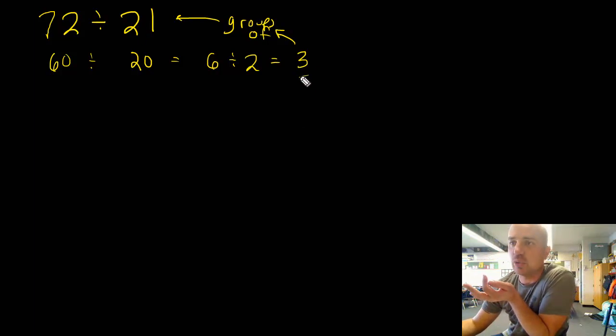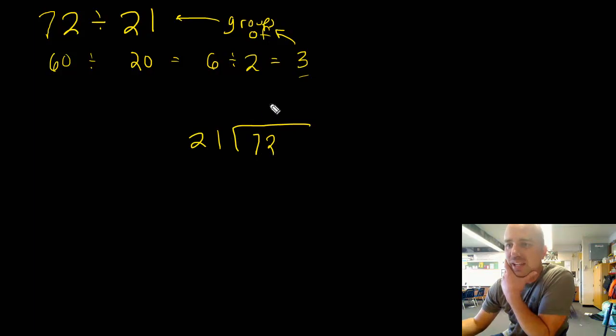Back to the problem here. I had an estimated quotient of 3. If I put my numbers into the standard algorithm, I'm saying I have 3 groups of 21. So 21 times 3, I can do that mental math: 1 times 3 is 3, and 20 times 3 is 60, so that is 63.